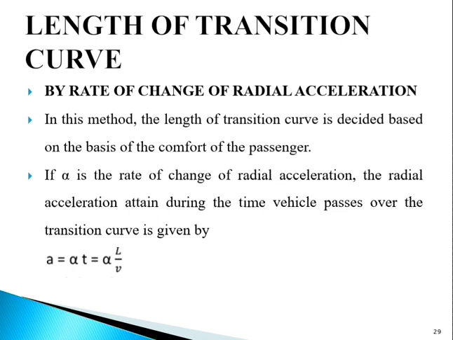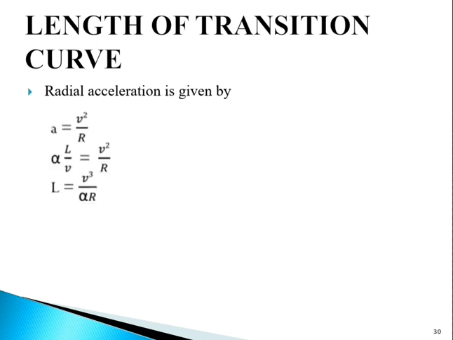If alpha is the rate of change of radial acceleration, the radial acceleration attained during the time the vehicle passes over the transition curve is given by A is equal to alpha t, which is further simplified into alpha into L by V. Radial acceleration is also given by A is equal to V square upon R. So alpha L upon V is equal to V square upon R. Our final equation will be L is equal to V cube upon alpha R.